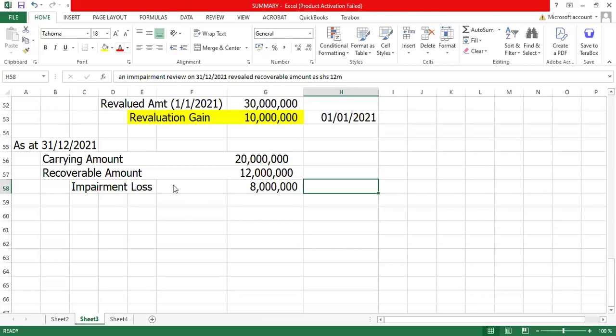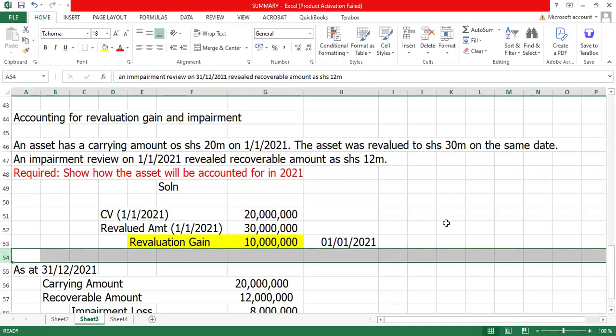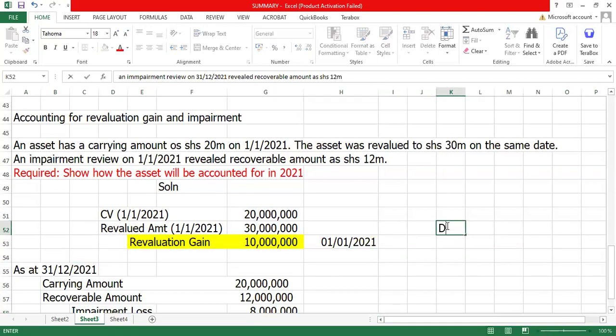In that situation, for the first revaluation gain, you debited the asset, the value of the asset increased by 10 million. Then the revaluation gain goes to OCI, not profit or loss.